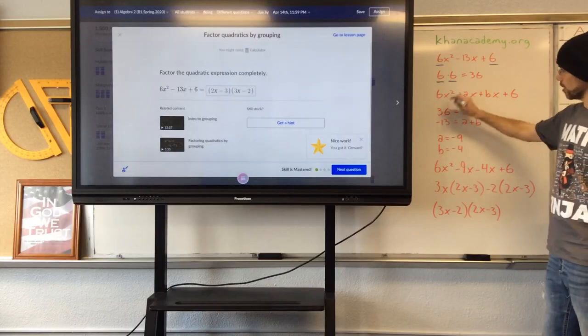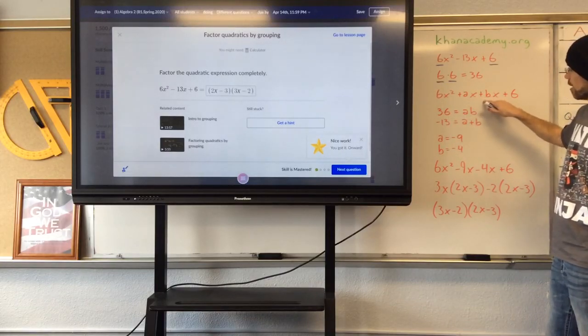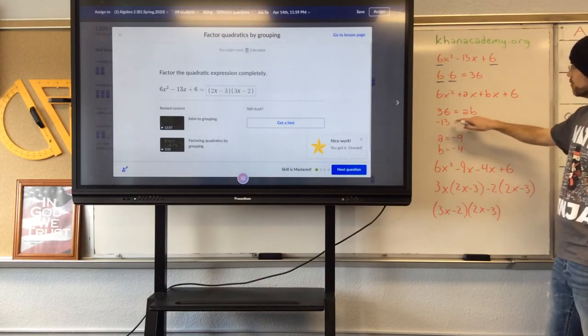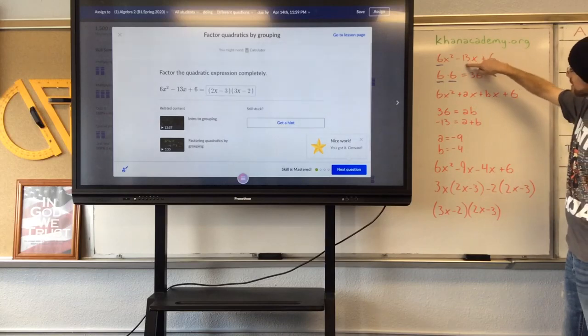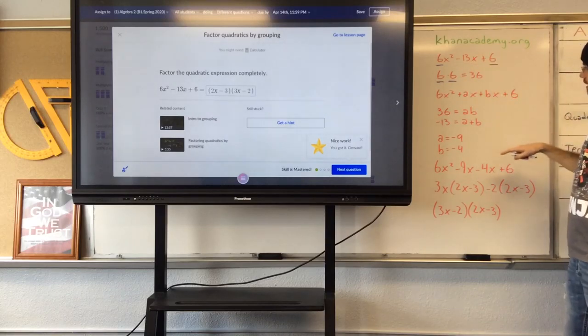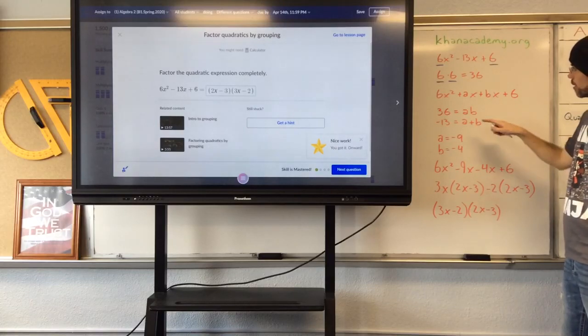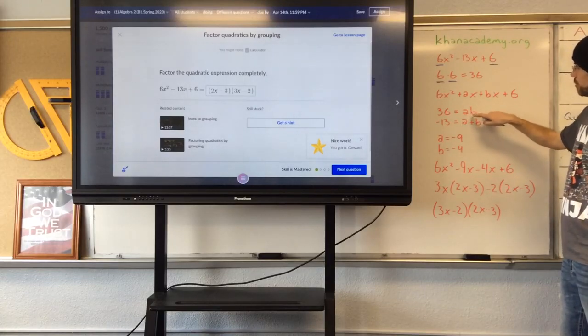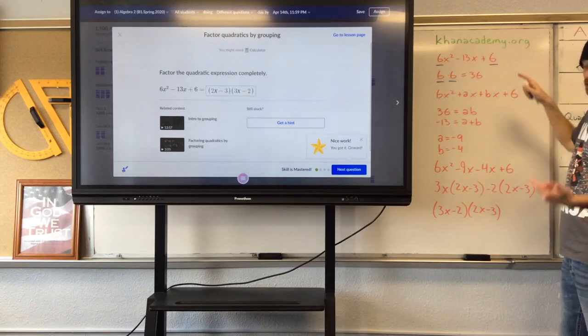We're going to add two amounts of x's, and it's going to give us negative 13x. So those numbers, a and b, have to add up to negative 13. Some number of x's plus some number of x's has to equal negative 13x. So I've expressed that here. And also, the product of those two numbers has to equal the product of these two numbers.